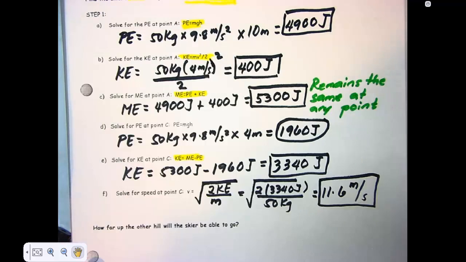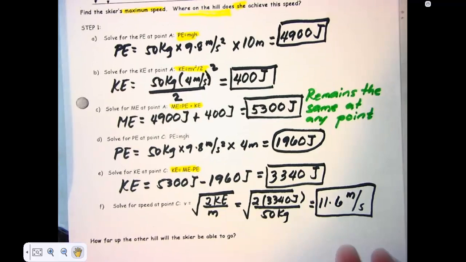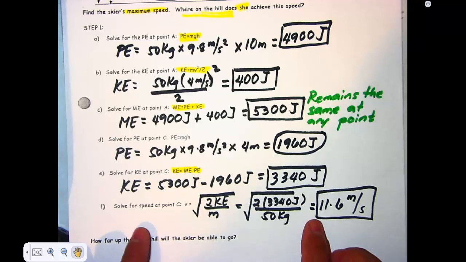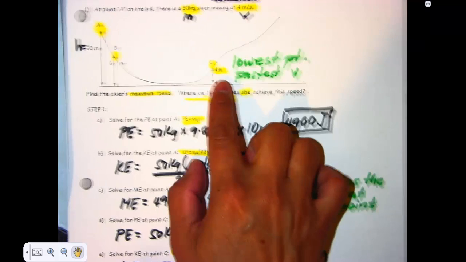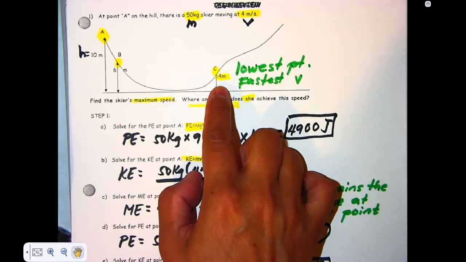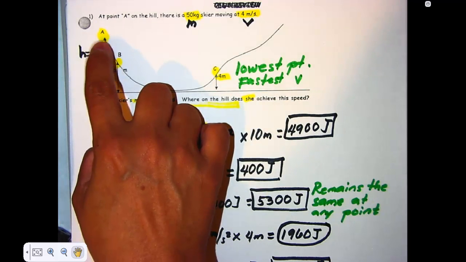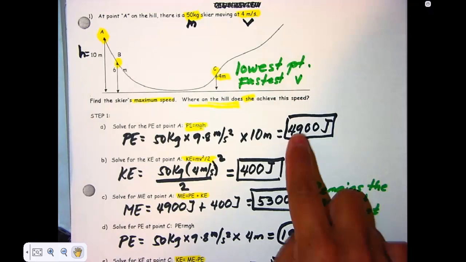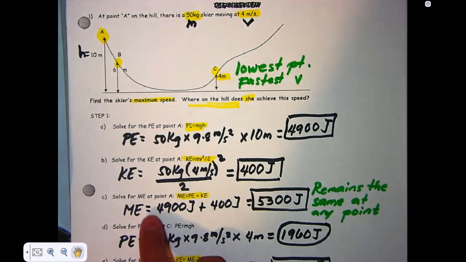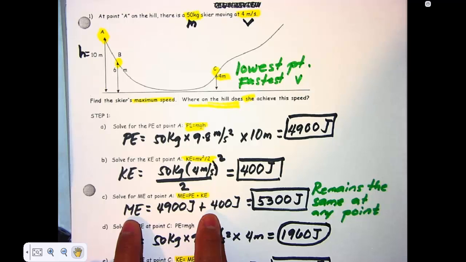Alright, there you go. So take note of the process that we're doing here. For you to be able to find the speed at any point, B or C, you need to get first the potential energy and kinetic energy from the starting point. And from those two, you can get the sum, which is the mechanical energy.